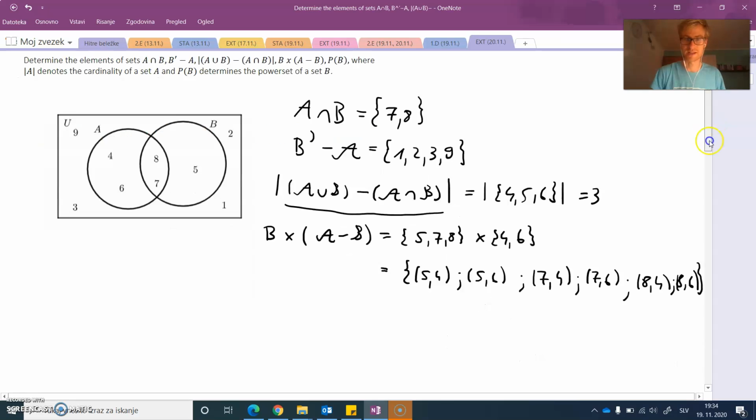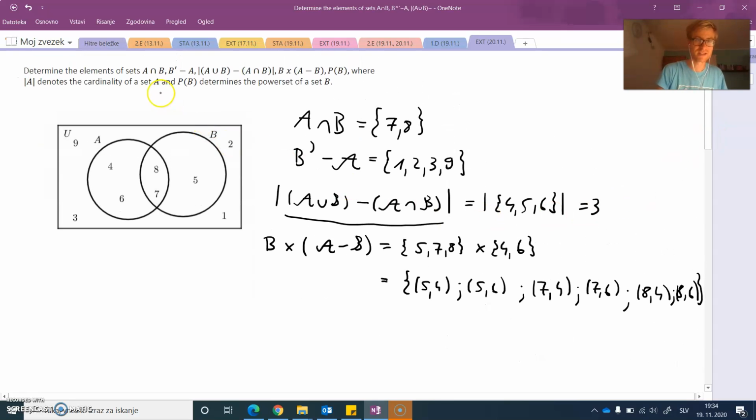Okay, and now the power set. This is the power set of B. If we remember the definition again, this is a set of all possible subsets of a set B, with the empty set and B included. So the empty set will be in. Now all the possible subsets. You see, this is the set that contains sets.